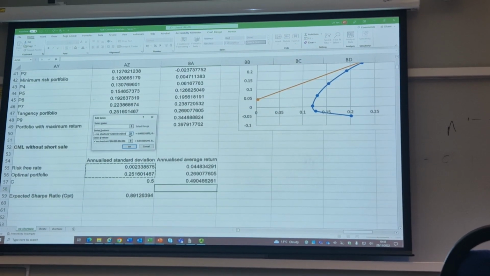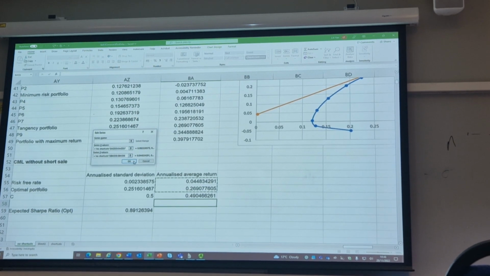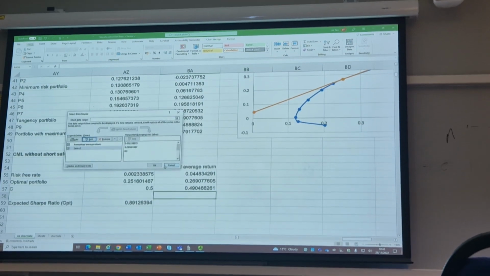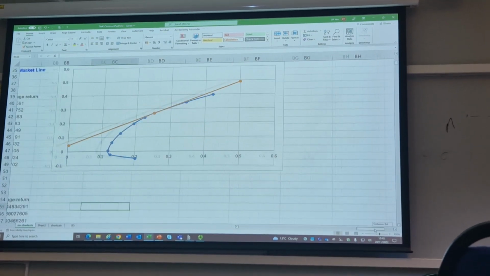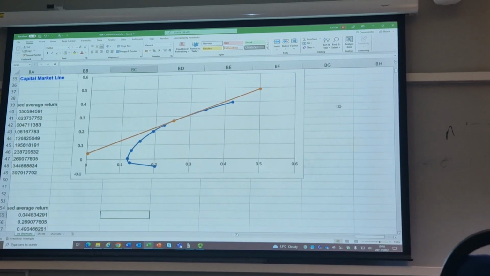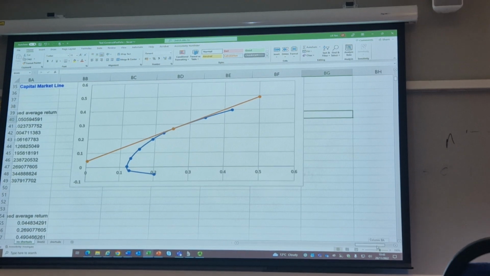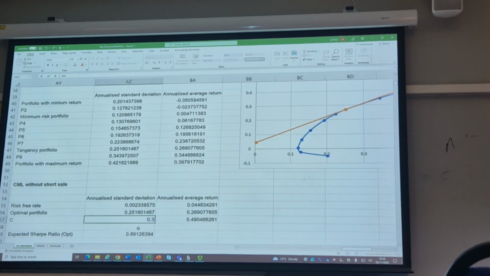Then we can just add this data, so the line is extended. It's up to which point on the capital market line. Yes, exactly. So this linear line has been extended. Of course we can change it. I set 0.5, and I can change it to 0.3.